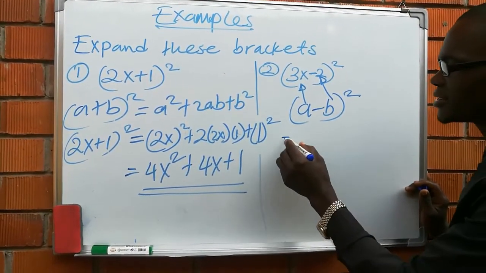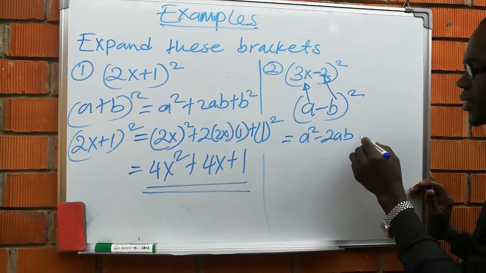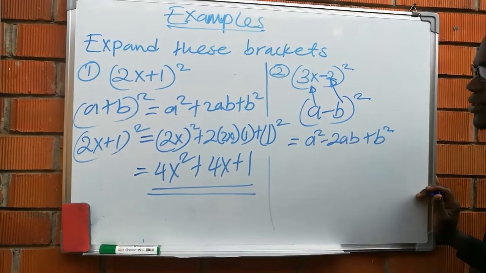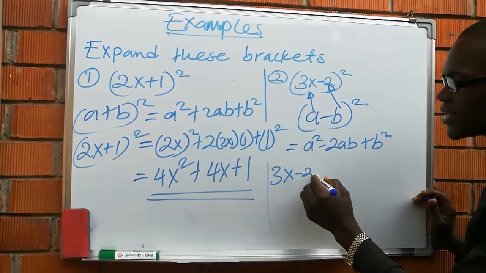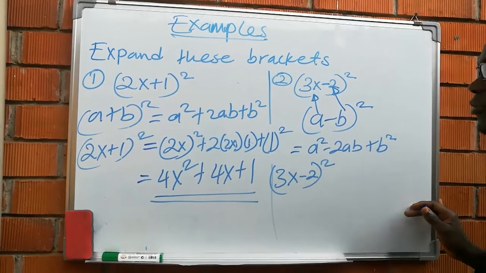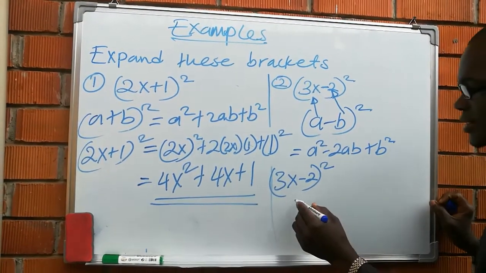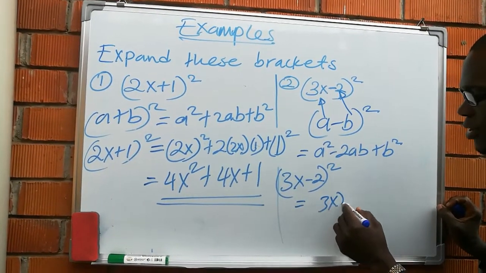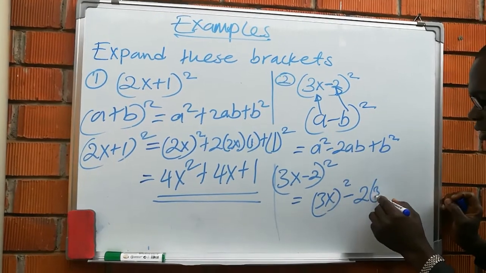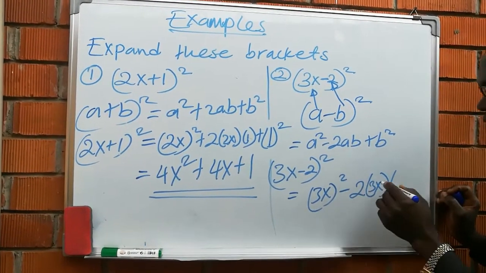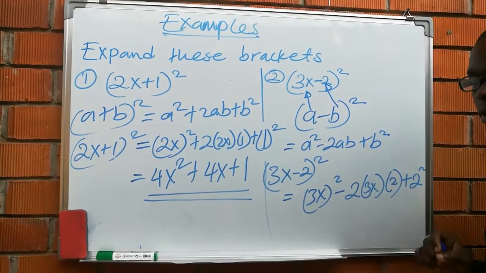But remember, this is the same as a squared minus 2ab plus b squared. So if we bring in 3x minus 2 squared and we compare, where there is a, we shall write 3x, that is 3x squared, minus 2 into a, which is 3x, into b, which is 2, plus b squared, which is 2 squared.